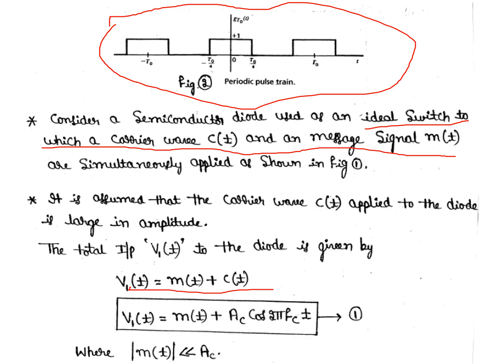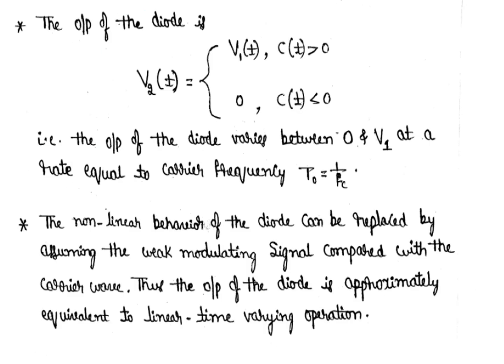So V2(t) is similar to V1(t). Here c(t) is equal to Ac cos 2 pi fc t and m(t) is equal to Am sin 2 pi fm t, where the modulus of m(t) is less than Ac, meaning the peak amplitude of the message signal must always be less than Ac. Ac is the peak amplitude of the carrier signal.